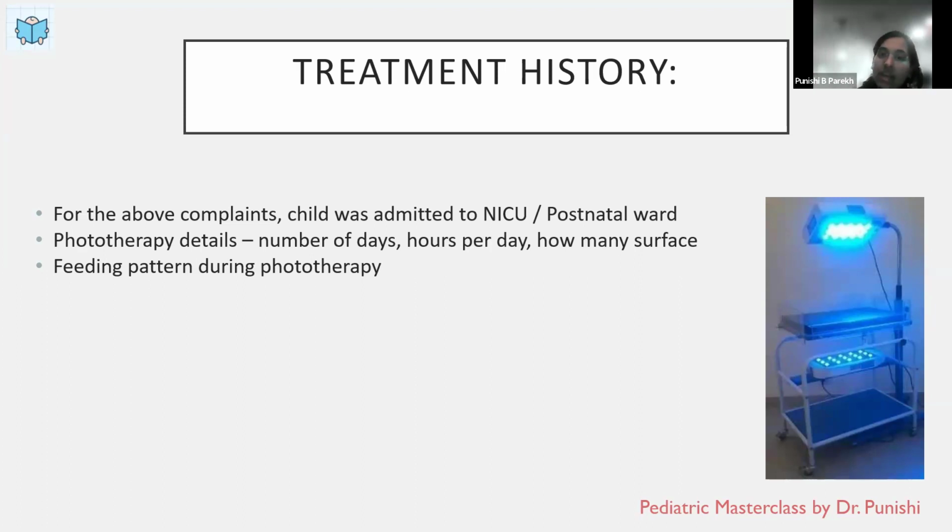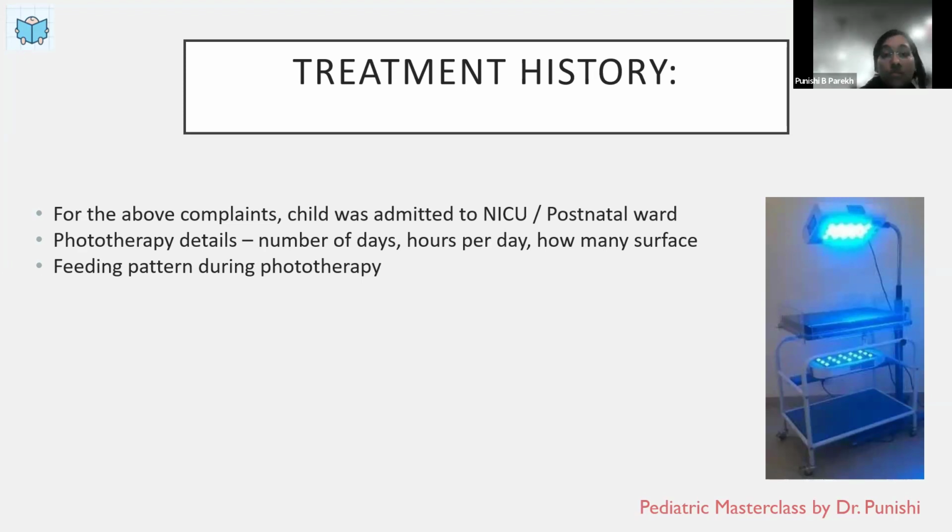Or it might be that you're the first encounter and you're the first person who's taking the history, and then you start phototherapy. But usually, at MBBS level, when we give a newborn case in the exam, the patient has already been diagnosed with newborn jaundice, has already started receiving phototherapy, or probably even finished phototherapy. And that's why your treatment history becomes very important.